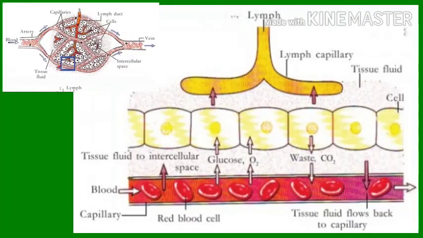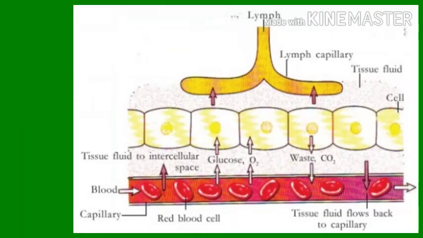It does not contain red blood cells, large protein molecules and platelets, but it contains nutrients, protein molecules, minerals, etc. This tissue fluid acts as a medium for exchange of materials between the blood and the cells.